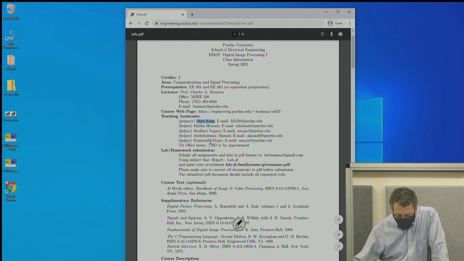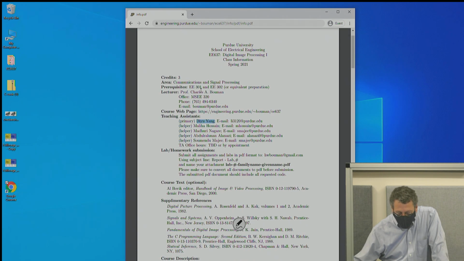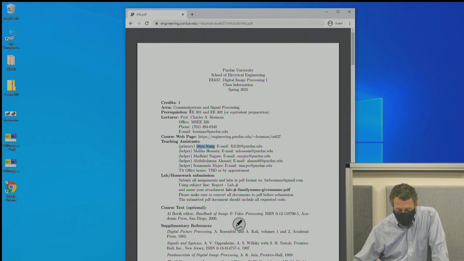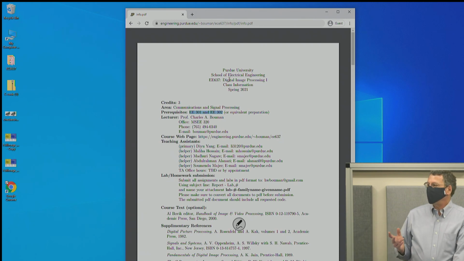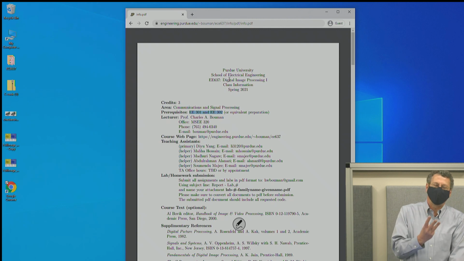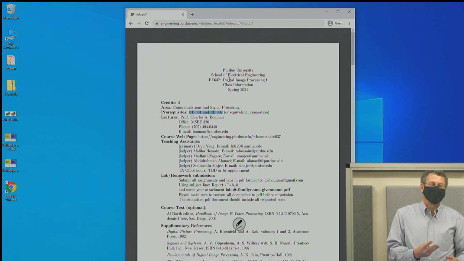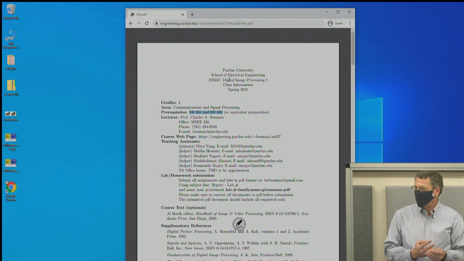Okay, I'm just trying to see. Prerequisites for the course. That's something important. So people often ask me what I need in order to take this class. Basically, there are three major components that you really need in terms of preparation for this class. One is some background in linear systems.